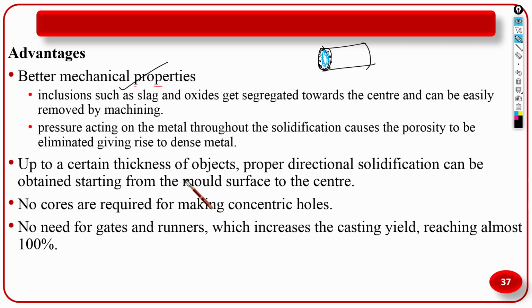And second, there are also better mechanical properties because of directional solidification. Which metal will solidify first, the metal on the surface or the metal near the center? Obviously the metal on the surface, which is thrown far, will cool down fast and get solidified first. Clear?